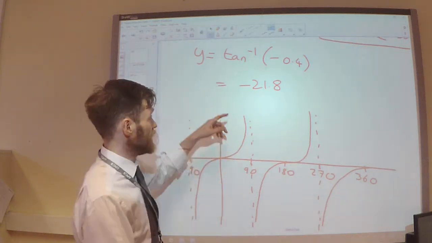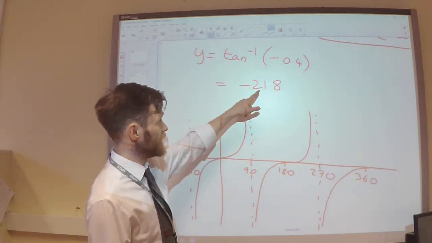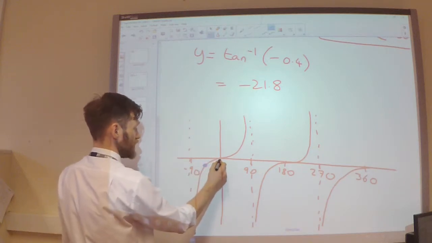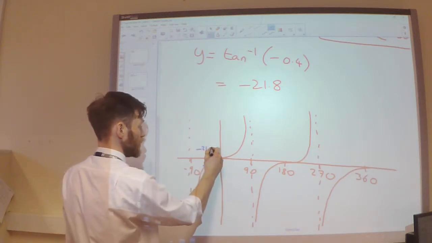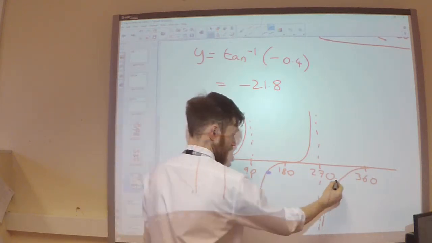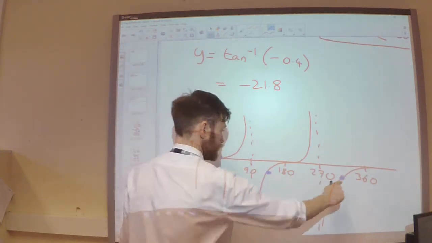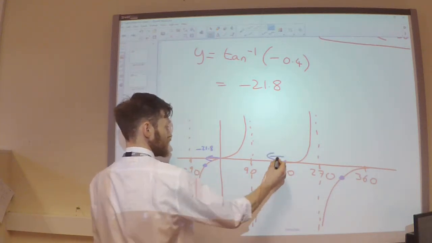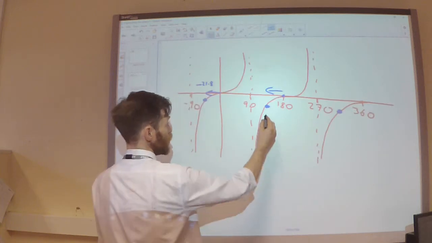Mark on the principal solution here, the solution my calculator gave me. So I've got my minus 21.8 here. I will have another solution here and another solution over here. This solution, I need to take away 21.8 from 180.